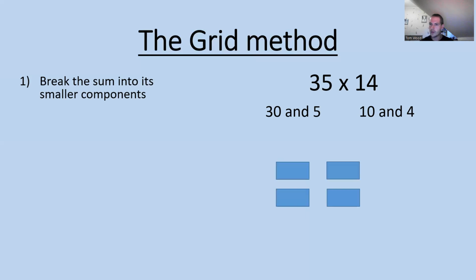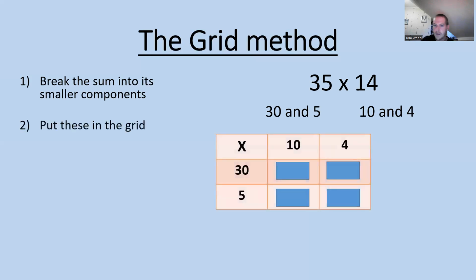And now what I've got is 4 different numbers. So instead of doing 35 lots of 14, I'm going to do 30 lots of 10 and 30 lots of 4. The total will be the same. I'm then going to do 5 lots of 10 and 5 lots of 4. So all I'm doing is taking these two numbers and breaking them into how many sums we're going to be doing.